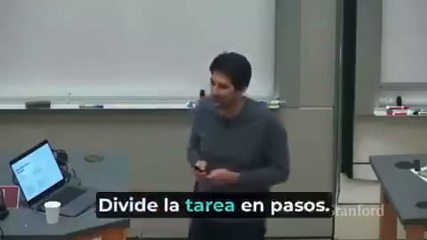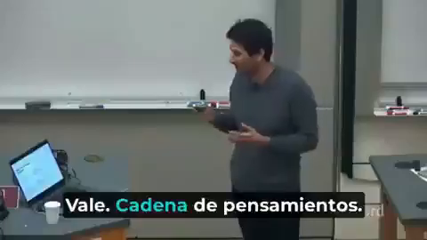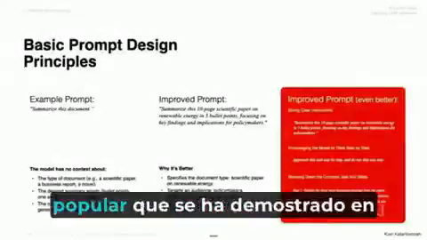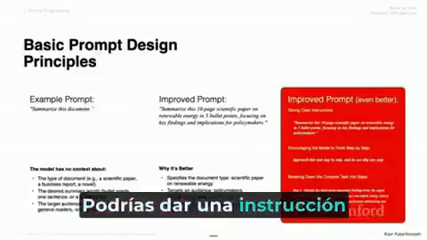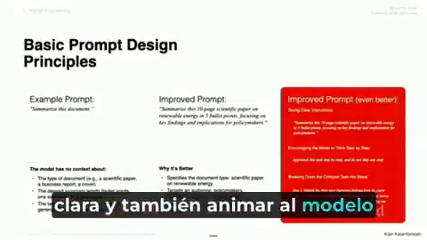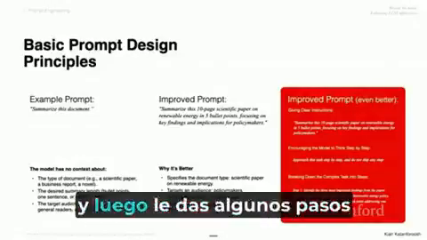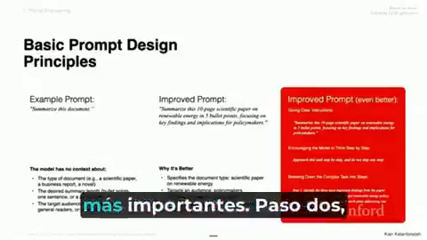Okay, break the task down into steps. Do you know what that is called? No. Okay, chain of thought. This is actually a popular method that's been shown in research to improve results. You could give a clear instruction and also encourage the model to think step by step. Approach the task step by step and do not skip any step. And then you give it some steps such as: step 1, identify the 3 most important findings.